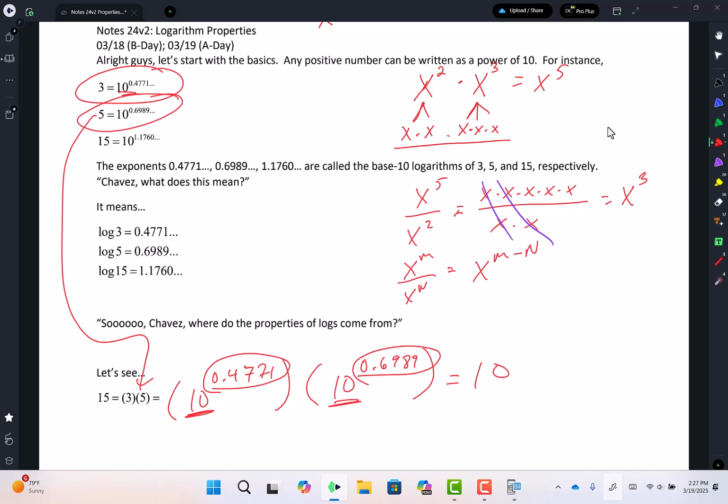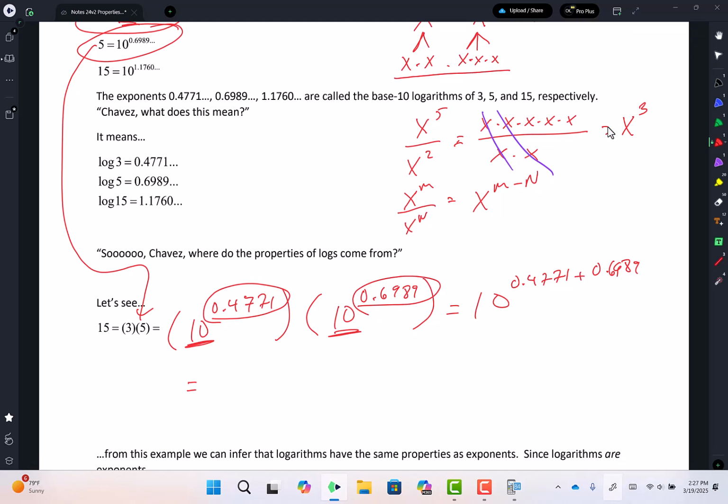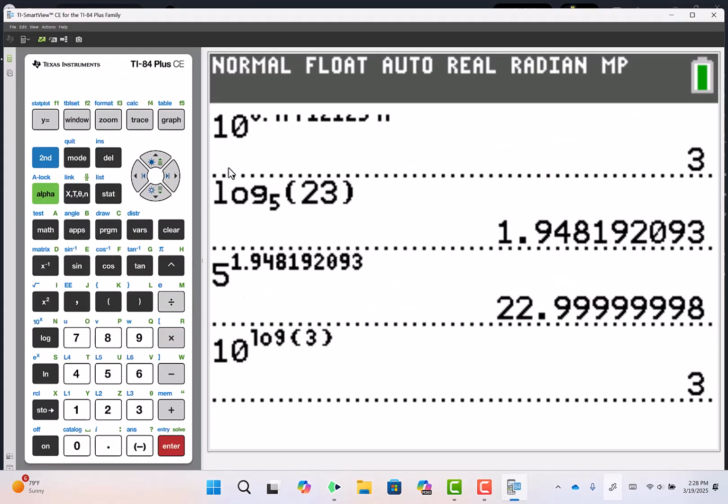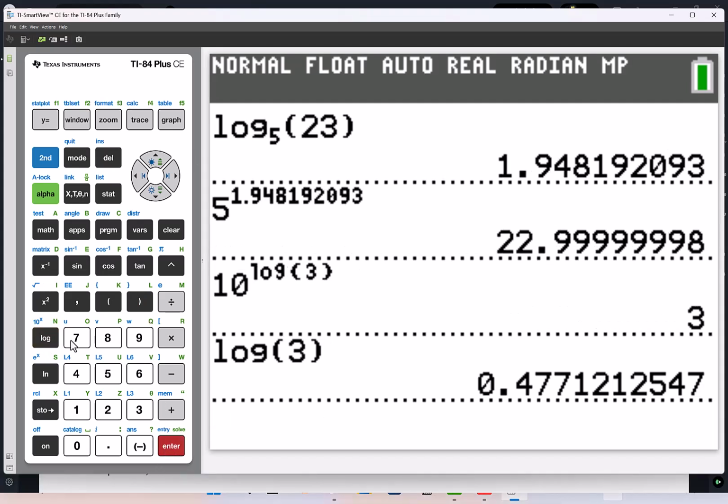So that becomes 10 to the power 0.4771 plus 0.6989. And of course, it goes on forever, right? And that should be the same as 10 to the power 1.1760. And of course, that's what it is, right? When you add up, let me go log 3 real quick.